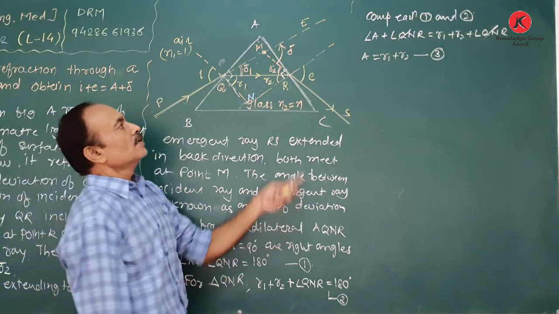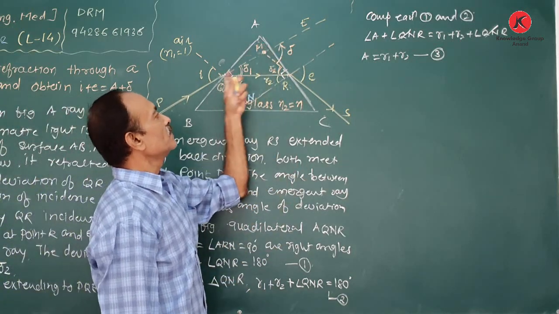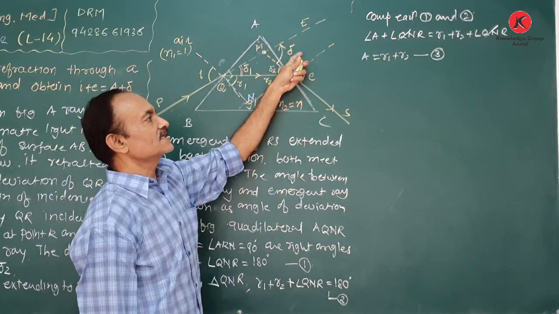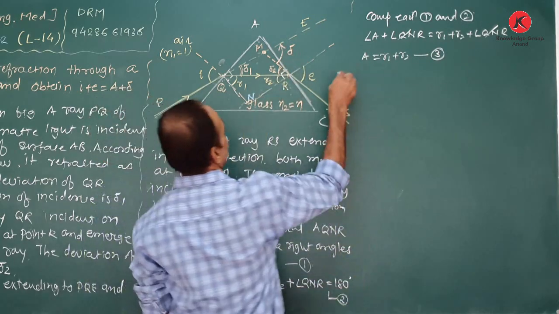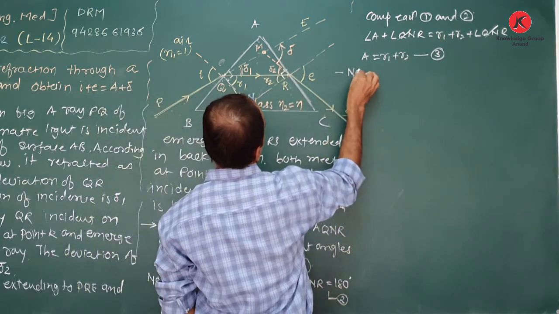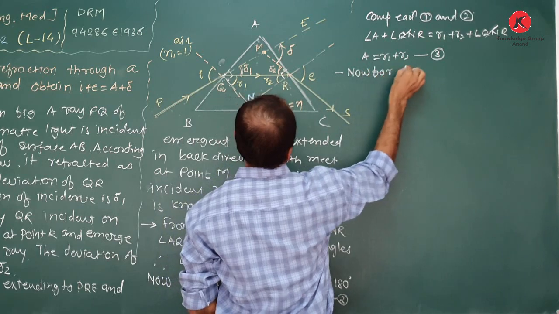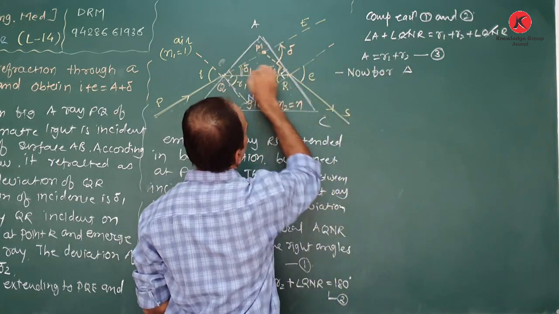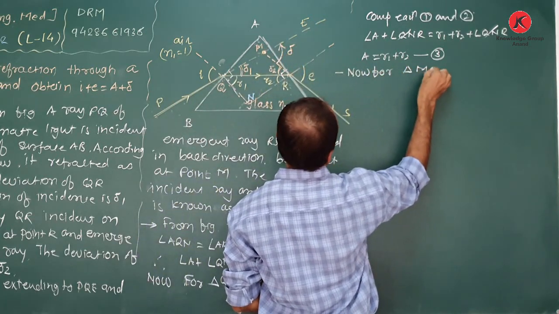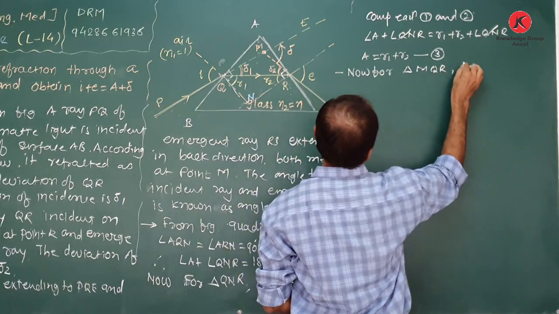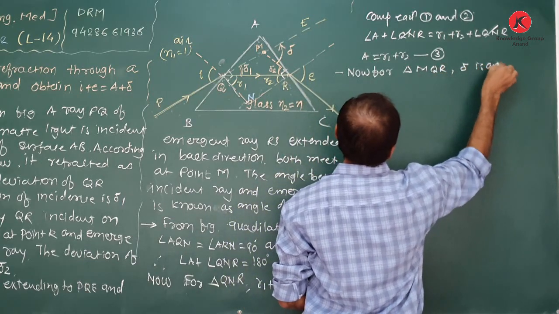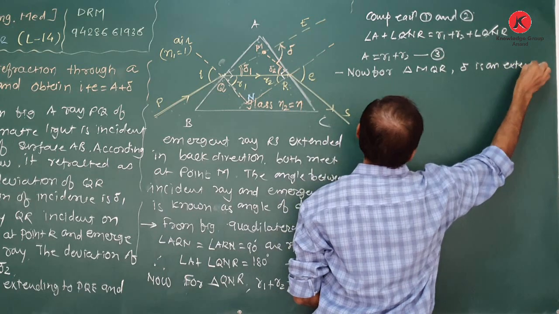Now, for triangle MQR, delta is an exterior angle.